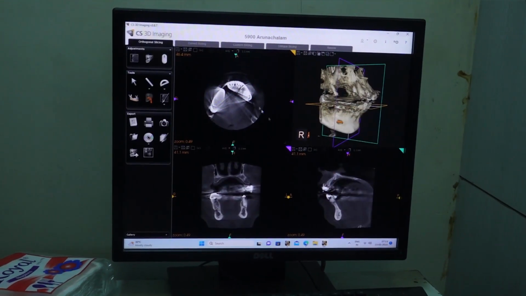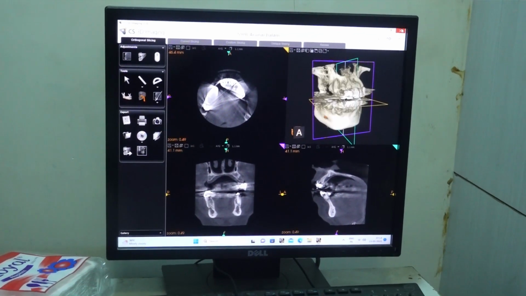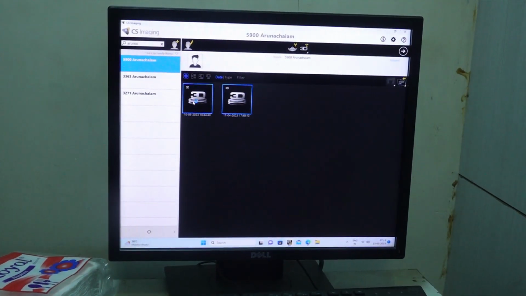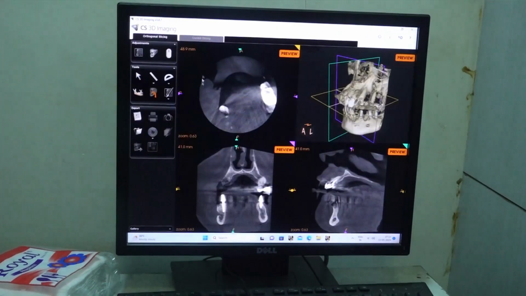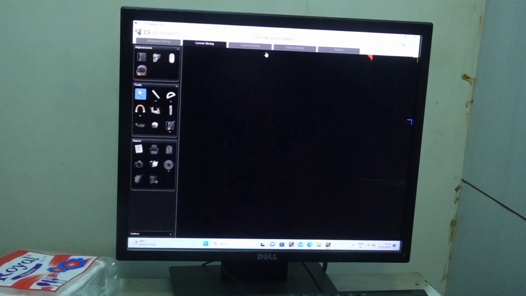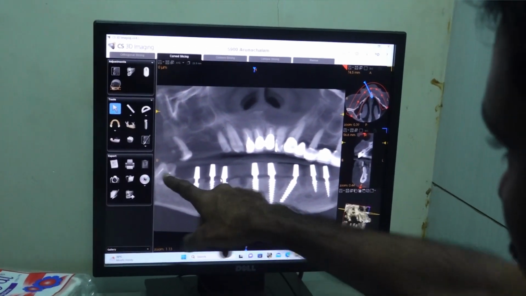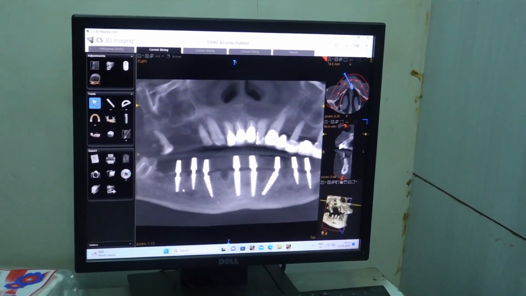Okay. So we did the lower implants that day, right? This is the lower we did that day. This we removed after taking the X-ray, right?